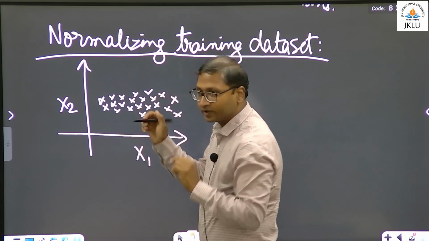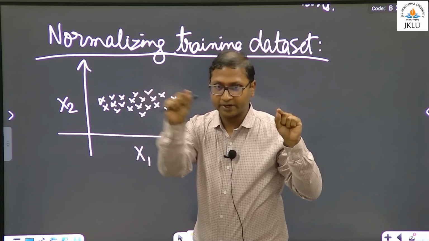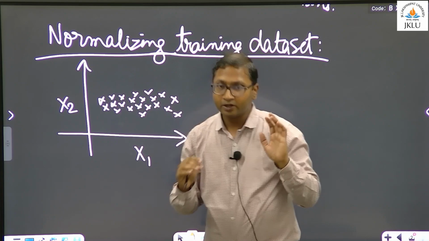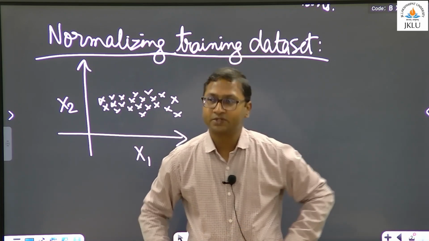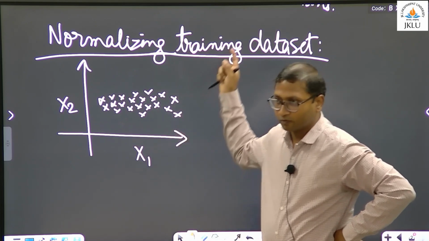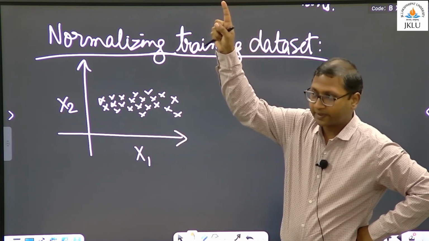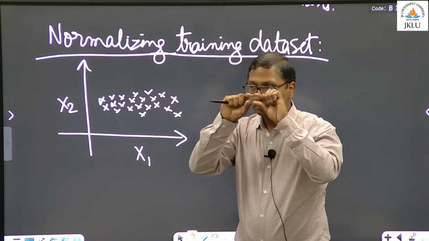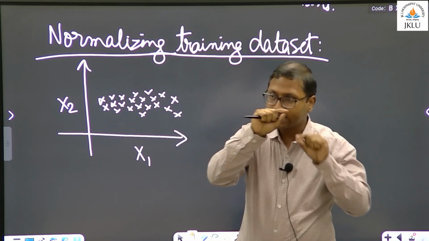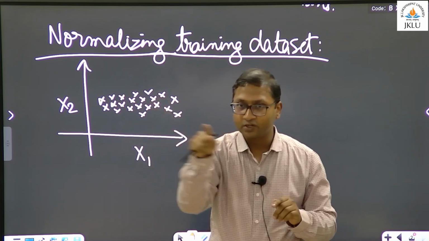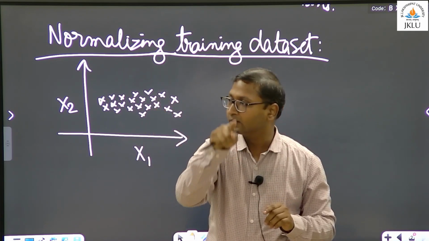Else, what you can have is that elliptical shape kind of thing, and all your data fits in just there. And we know we have problems with ellipses. What problems do we have with ellipses? Whatever we had during optimization as well. We have a problem with lesser variance in one direction and higher variance in the other.